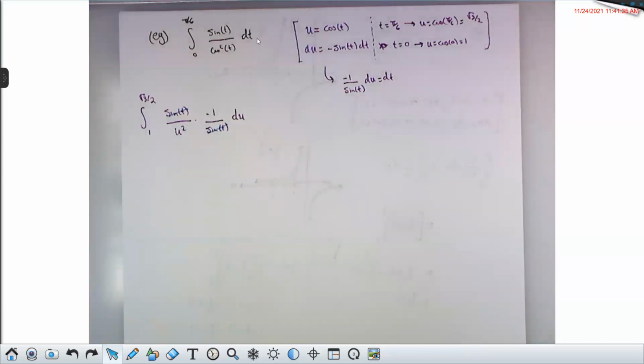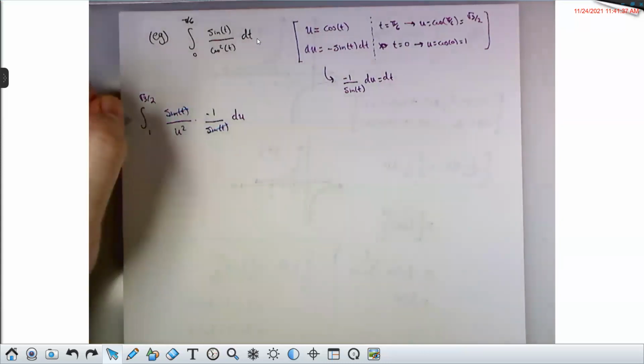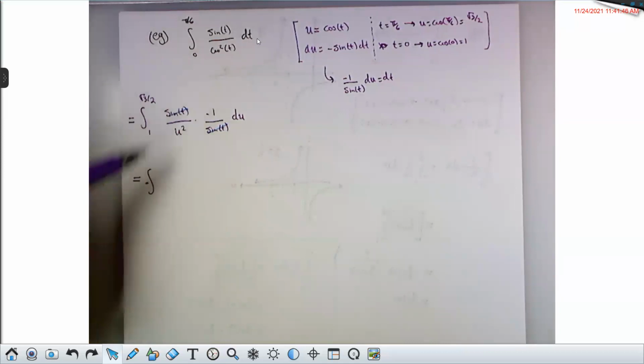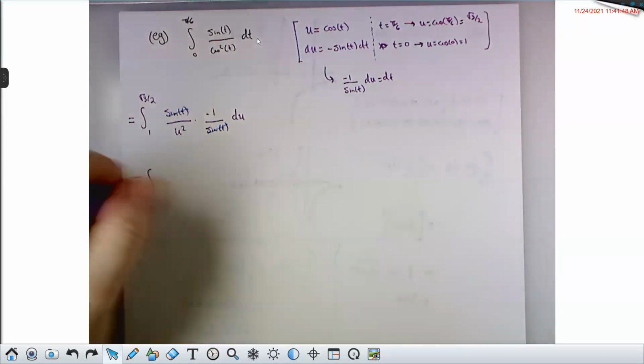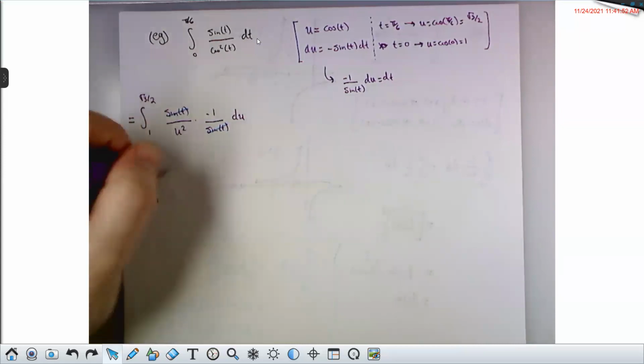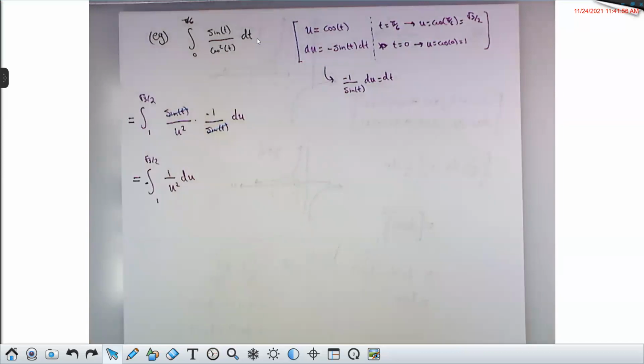This way of thinking about things is all right, but it's not very sophisticated. And I'll show you as we move through more problems a kind of better way of thinking about it. This negative, I'll bring out of the integral. And I have the integral from 1 to root 3 over 2 of 1 over u squared du.